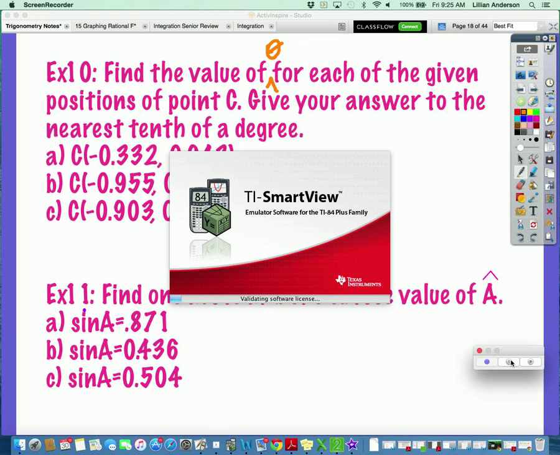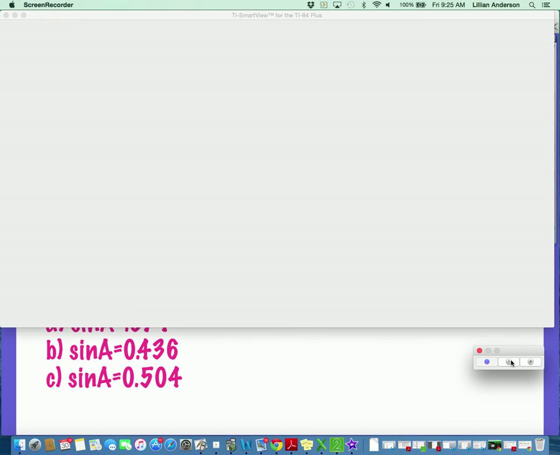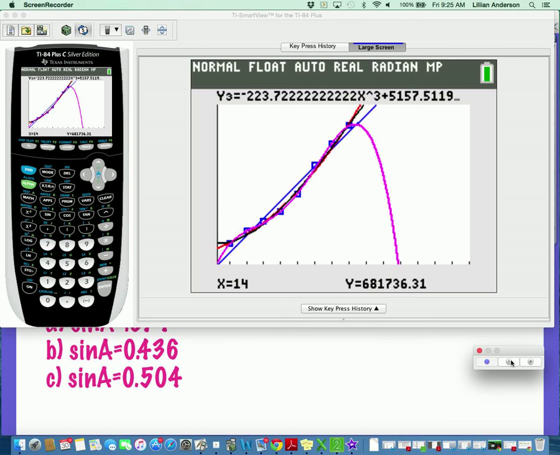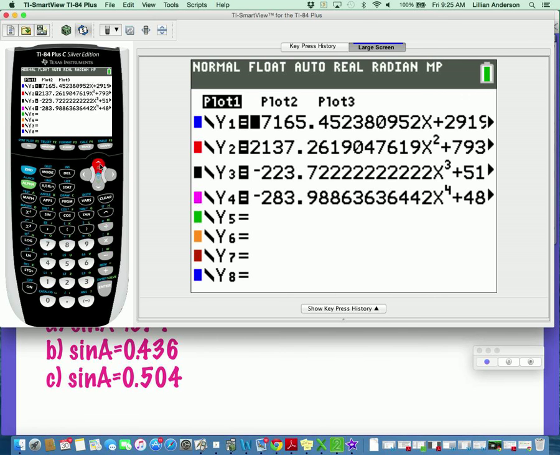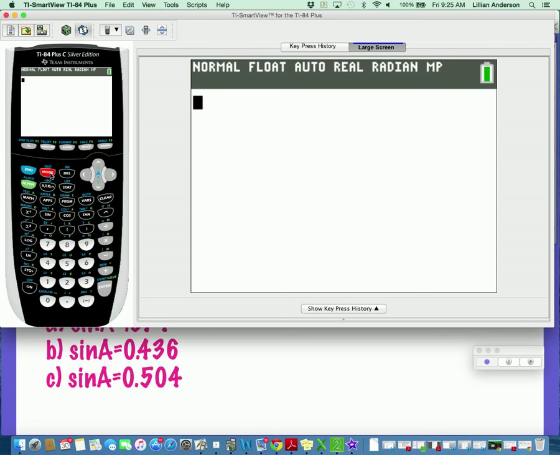First off, when you look at each one of those points, what quadrant are you in? Top left, so you're in the second quadrant. Realize that if you're looking at supplementary angles, the sines are going to be the same and the cosines are basically going to be the same number but with opposite signs.